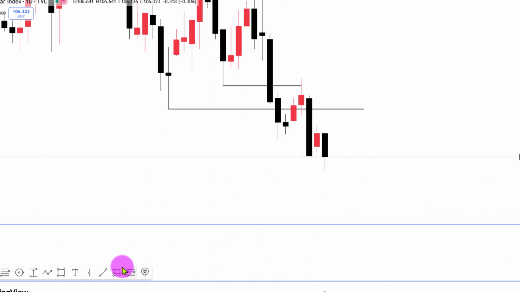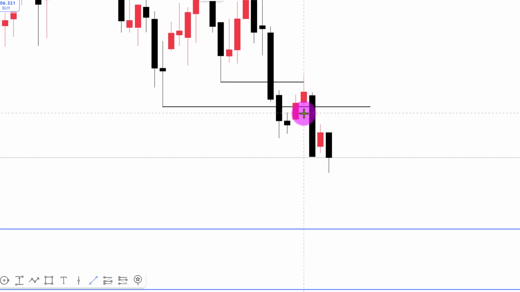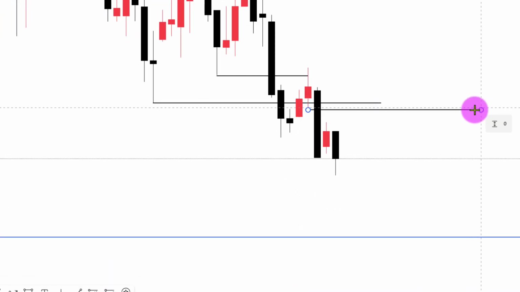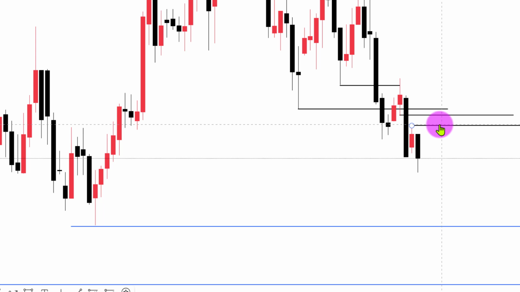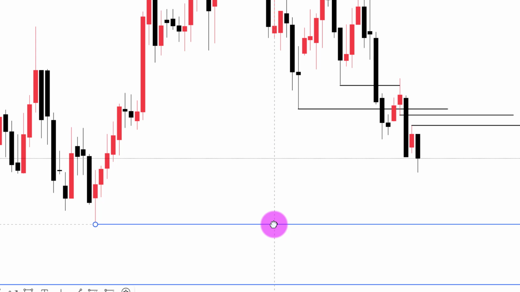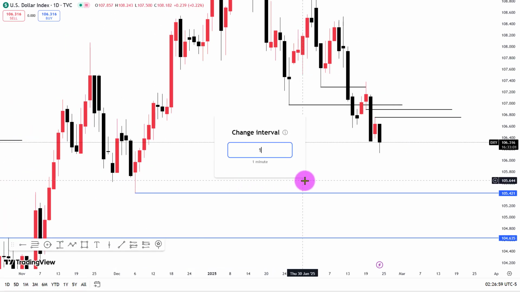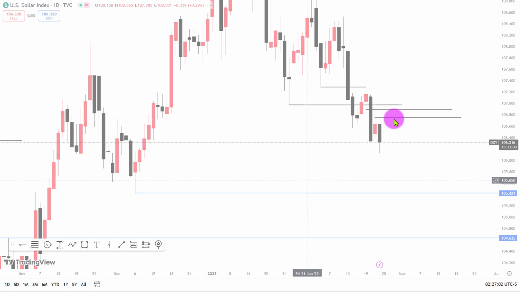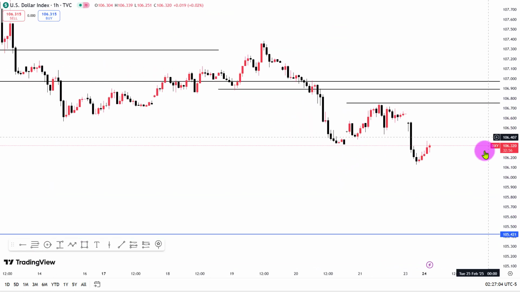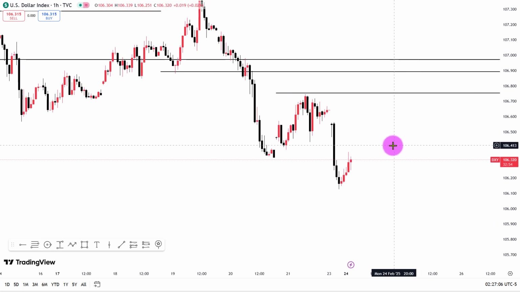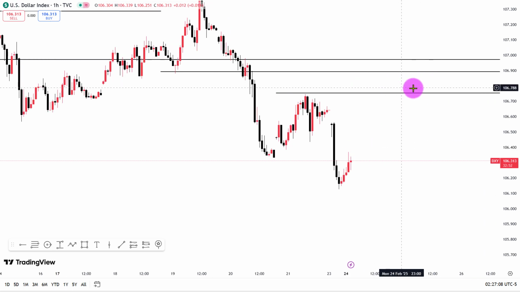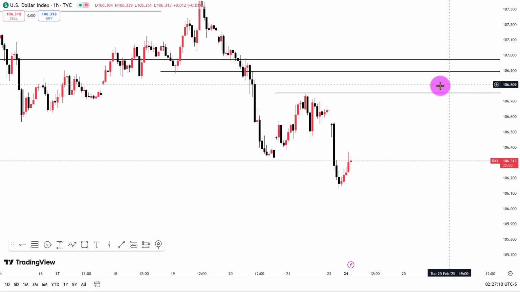Even though we see the dollar had created a fair value gap right here, it would have been most preferable for me to see the dollar trade into the fair value gap before we sell into the lower drawn liquidity residing below. You see the equal lows here, or relative equal lows on the 1 hour, is where I'm looking to see this go. So I really want to see the dollar trade into that daily fair value gap, that drawn liquidity on the daily.